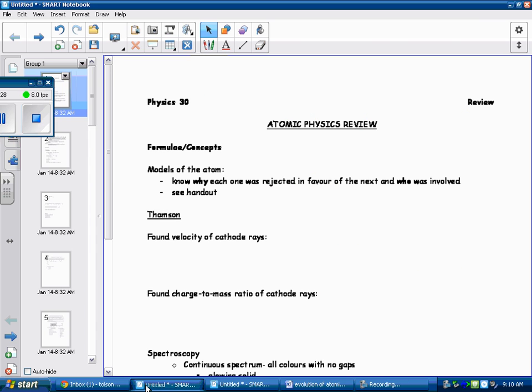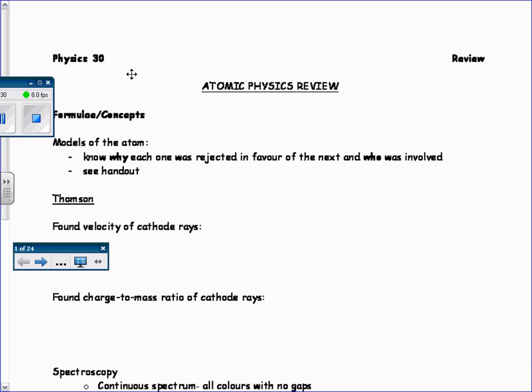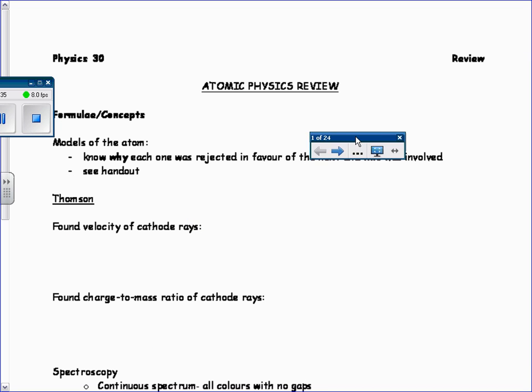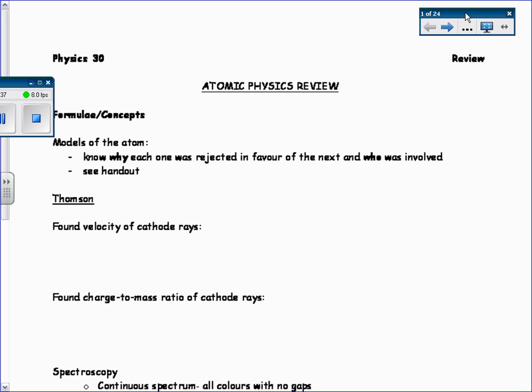Okay, so back to this. So I've got on there just C handout. So you remember that we filled that handout with stuff.